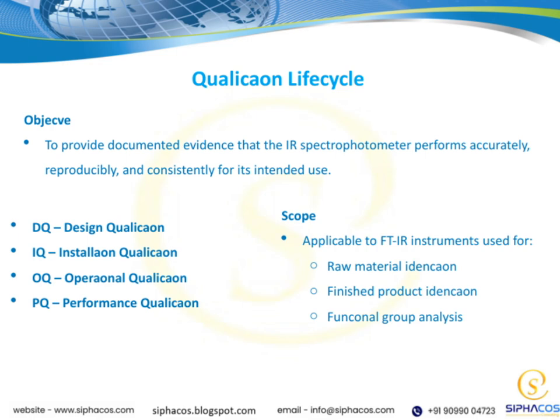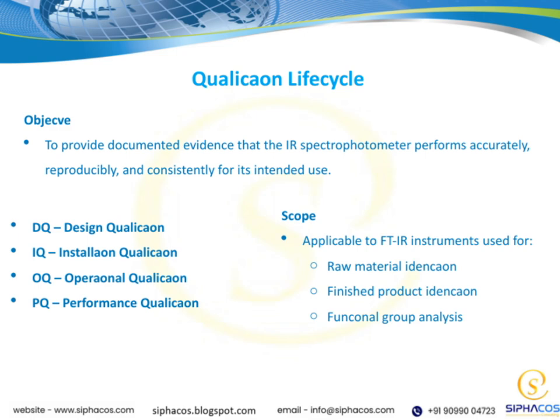Finally, let's briefly touch on the qualification lifecycle, which is fundamental to maintaining this reliability. It starts with design qualification, or DQ, where we verify that the instrument is designed appropriately. Next is installation qualification, IQ, which confirms that the instrument has been installed correctly. Then there's operational qualification, OQ, ensuring the instrument operates as intended during normal use.